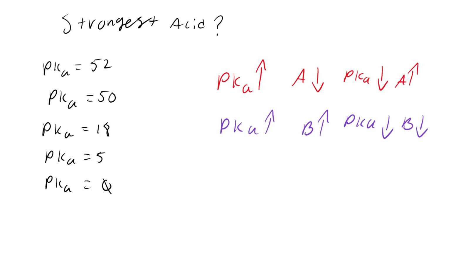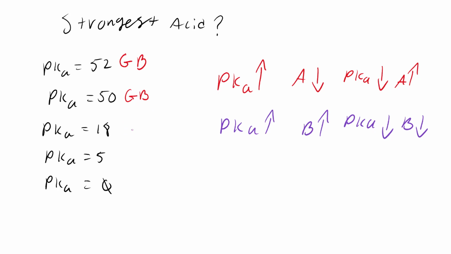Therefore, when you're looking for a very good acid, you're looking for a very, very low pKa. And right here, this is a very big pKa, and I know that this is a really bad acid. However, it's a great base. So we're going to put a great base right here. And this is a really big number, so it's also a great base.